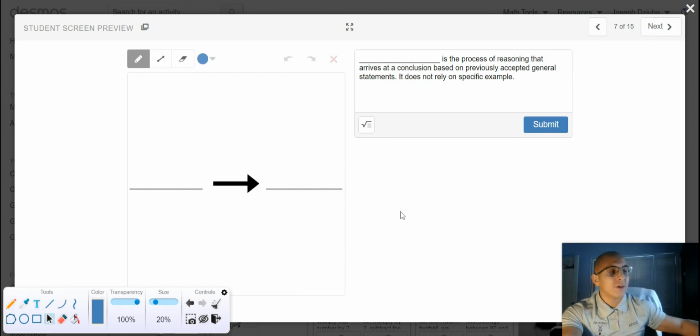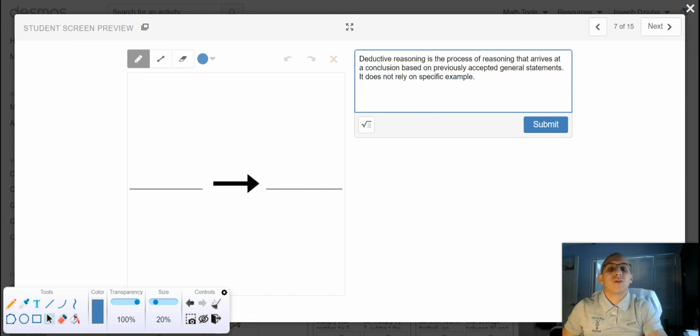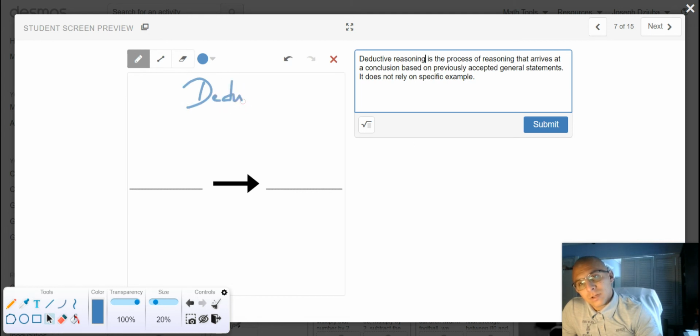Okay. Moving on, we arrive at deductive reasoning, which is the process of reasoning that arrives at a conclusion based on previously accepted general statements. It does not rely on specific examples. So in this instance, we have deductive.